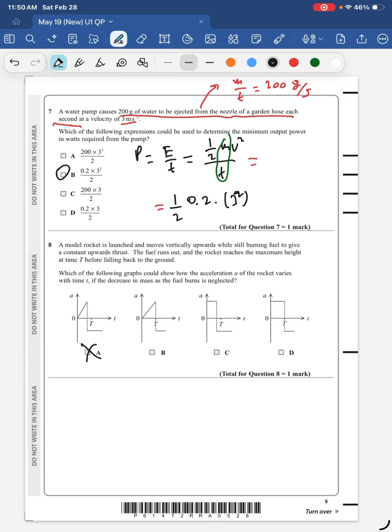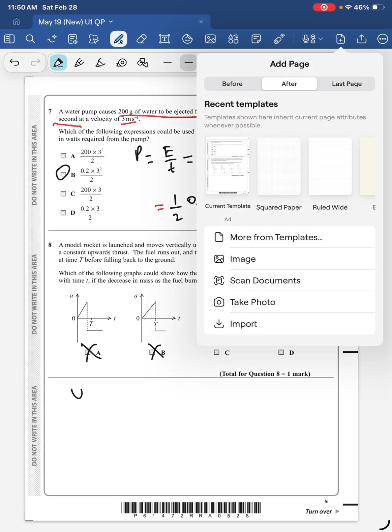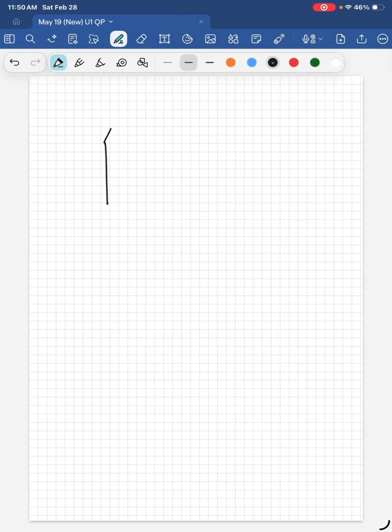So options A and B are wrong because the acceleration is constant. And the acceleration is given by, when the rocket moves up, actually let me use a clean page. So if this is the rocket, does this look like a rocket? Okay, something like that.